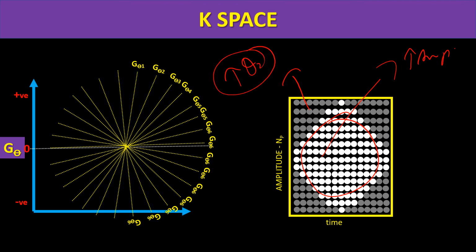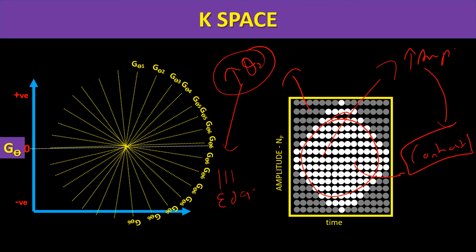Because of this maximum amplitude, the contrast in any image is decided by the center of the K space, whereas the two point discrimination or the edge enhancement is decided by the peripheral part of the K space.